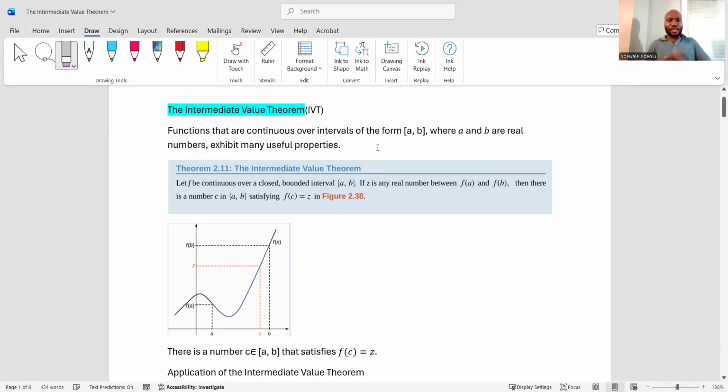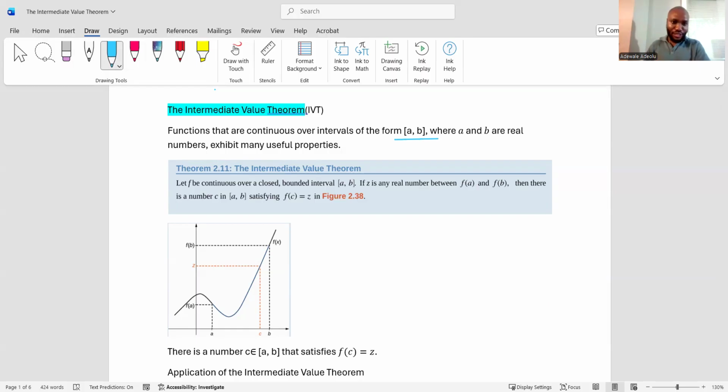Functions that are continuous over closed and bounded intervals have many useful properties in mathematics, where a and b are real numbers. So we want to look at one of them by looking at the intermediate value theorem.